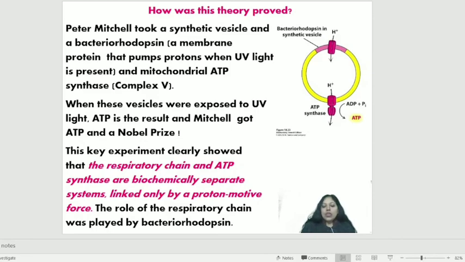So a light source was put near the experimental setup, and as soon as the light was turned on, the pumping of protons from the outside to the inside took place, and this was measured by pH.